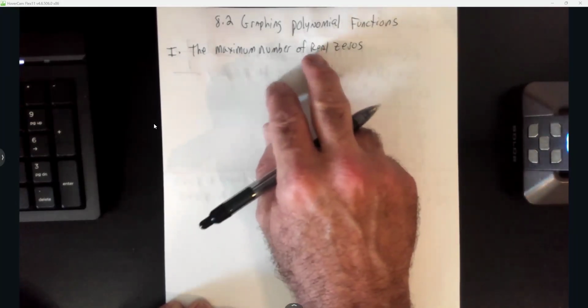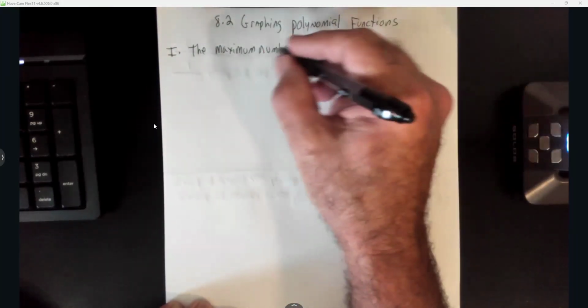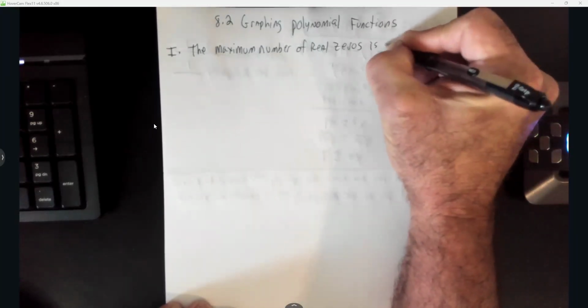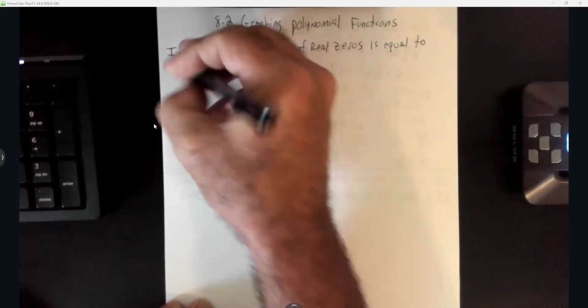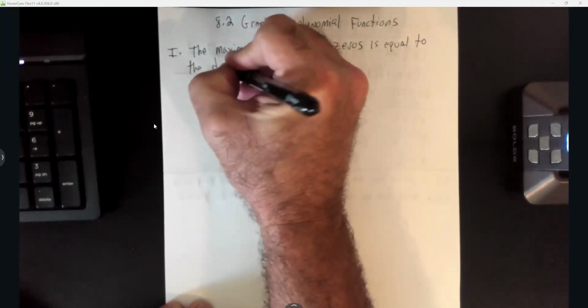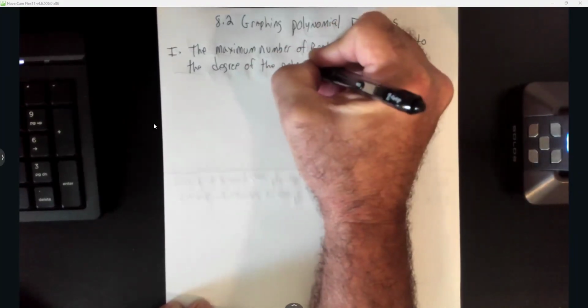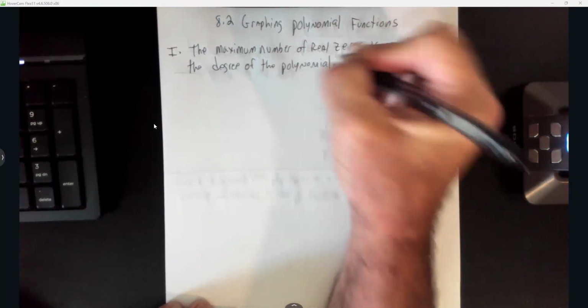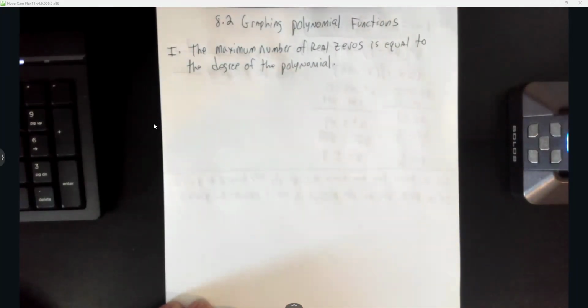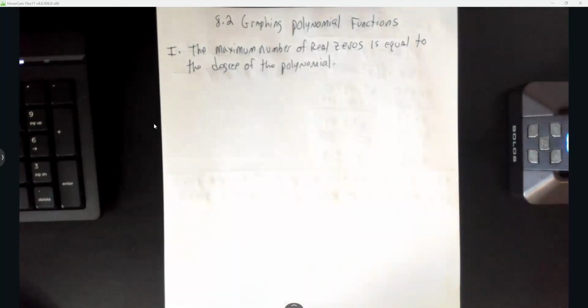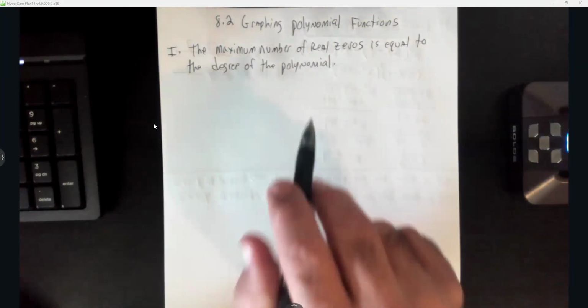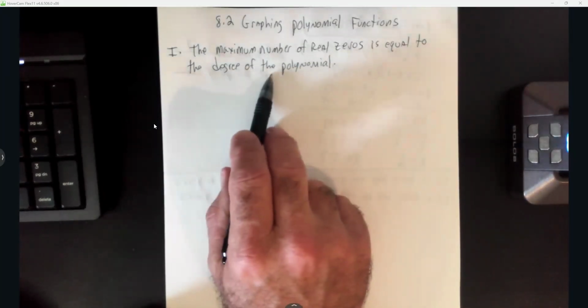So we're talking about the maximum number of real zeros. So the maximum number of real zeros is equal to the degree of the polynomial. So if I had a degree of 3, I would have a maximum number of real zeros of 3. Now, it might not be 3, I can have one real zero and two imaginary. But this is saying the maximum number of real zeros is equal to the degree.